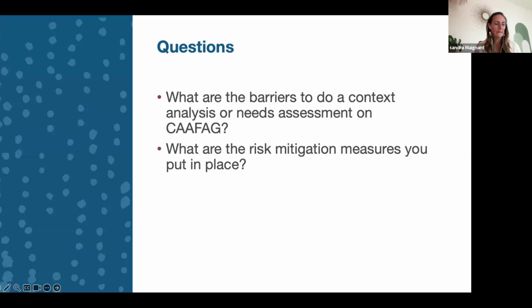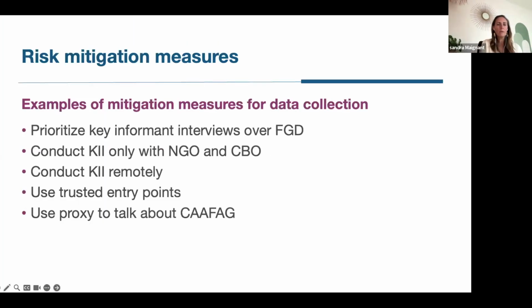Colombia is one, Mozambique, CAR, Burkina Faso. Where else did we do it? Yeah, in many countries. I can get you the list if you're interested. So we have adapted, of course, every time to the context. There are places where it was extremely difficult, other places where it was a bit easier. And so these are some of the strategies that we have put in place.